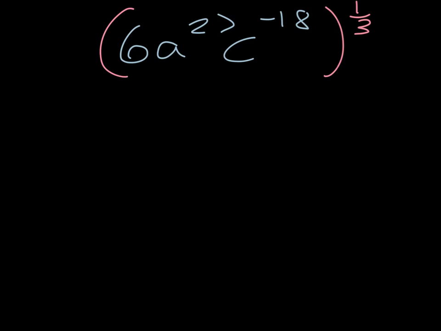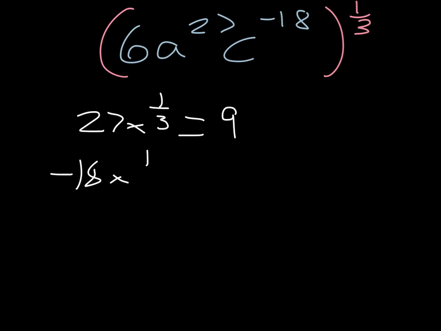Now what we have to do is times the powers, which will be 27 times 1 over 3, which will give us 9, and do the same thing again, negative 18 times 1 over 3, which will give us negative 6.